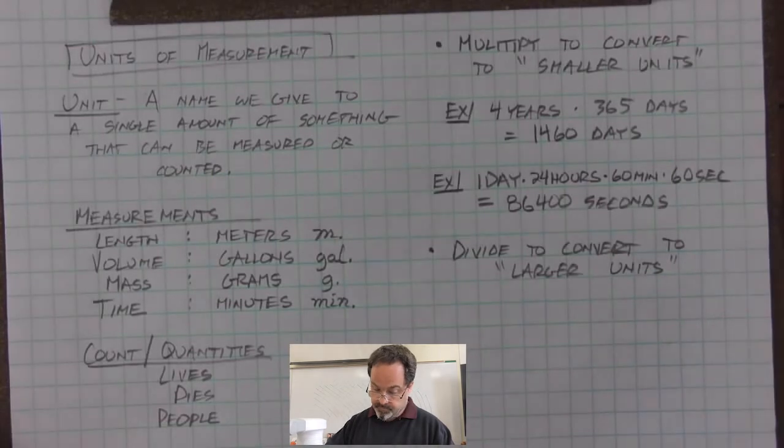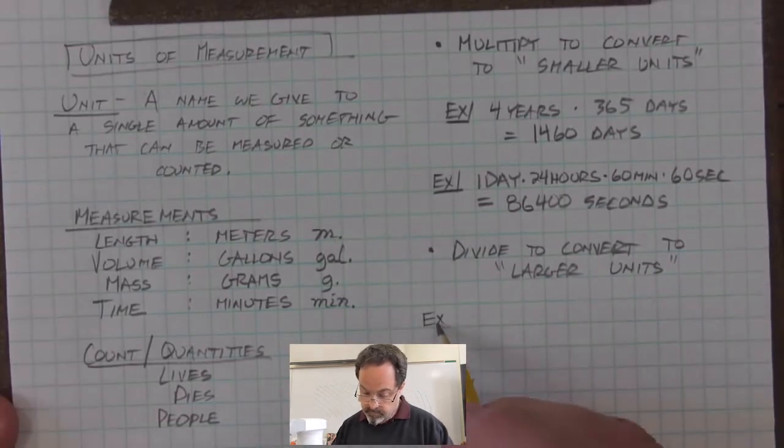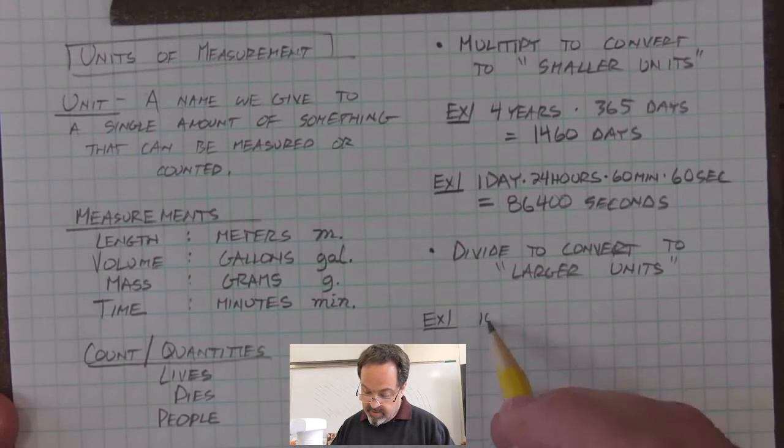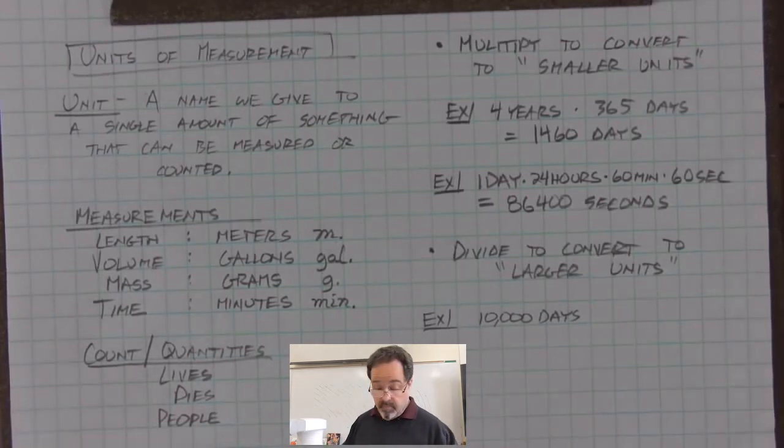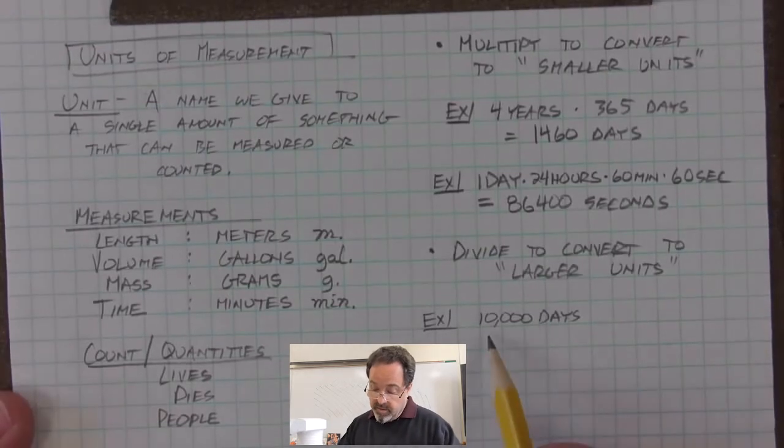For example, if we had 10,000 days, which is a long measurement of time, but that days is a small unit to measure that amount of time. It would be more helpful to think of that amount of time in years. So we're going to convert the days to years. Days is a smaller unit, years is a larger unit. We divide to do that kind of conversion.